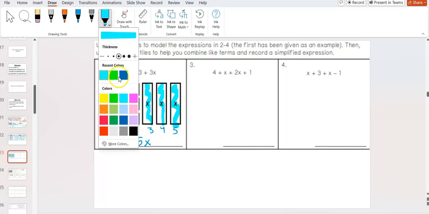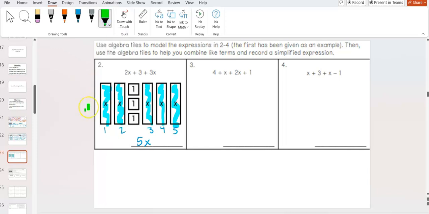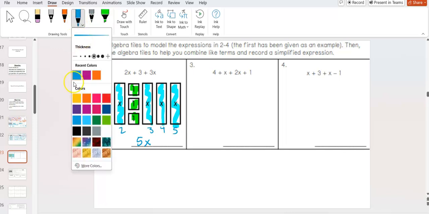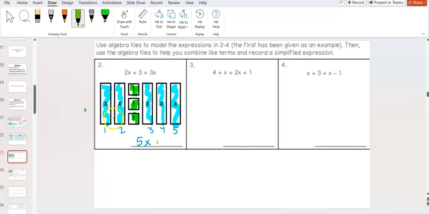Then over here, I've got 3 singles, and then I have no other singles in this area. So my leftover amount is just plus 3. And that's my equivalent expression. That is the same thing as 2x plus 3 plus 3x. What I did was I took these x's and I put them together, but the algebra tiles helped me.